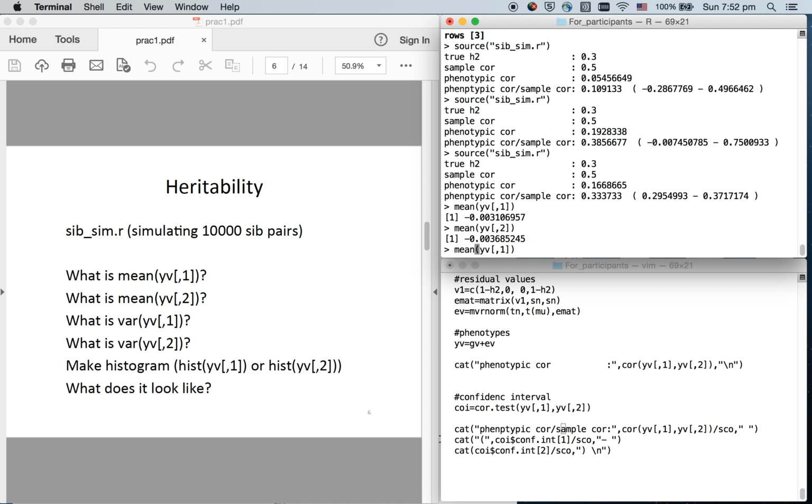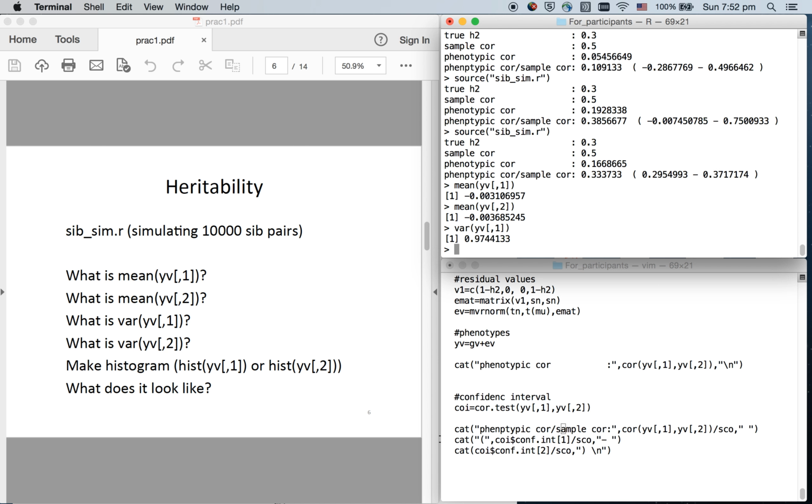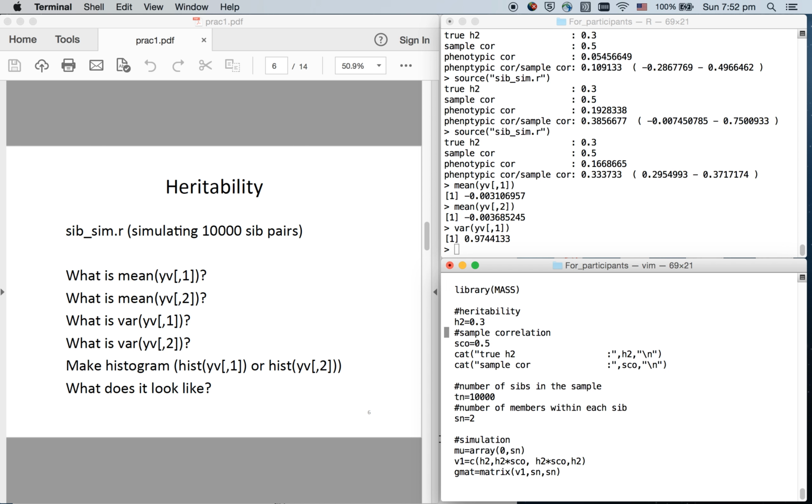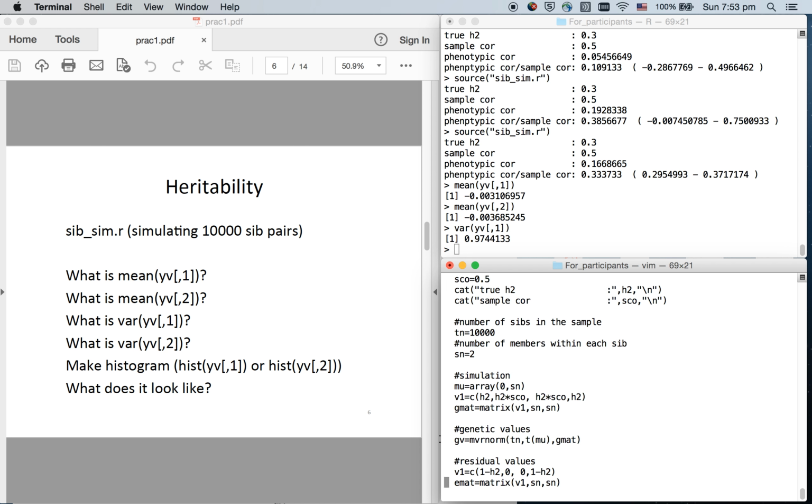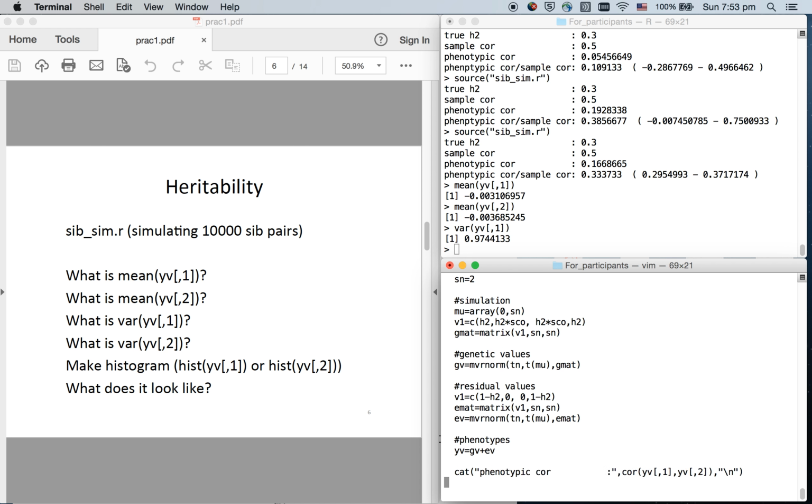The variance for the first sib is close to 1. Is that what you simulated? Yes, because we simulated the genetic value according to the genetic structure. The variance is heritability, and the residual is 1 minus heritability. The sum of these is 1. That's why the phenotypic variance is close to 1. Did that make sense? The second sib is similar, right? That's 1.